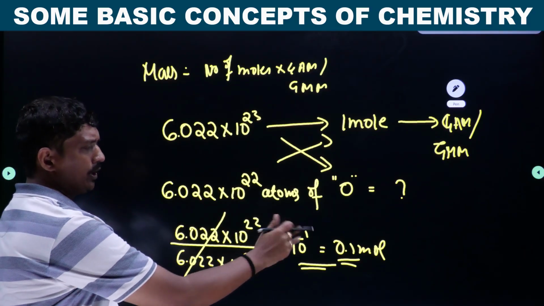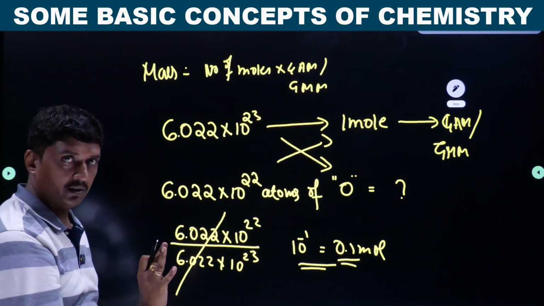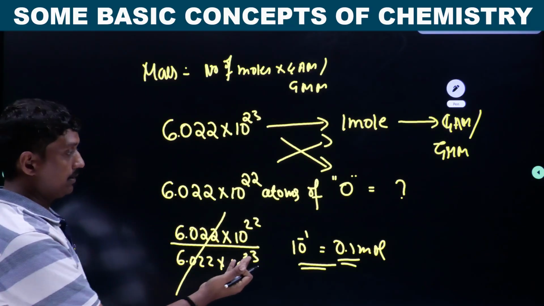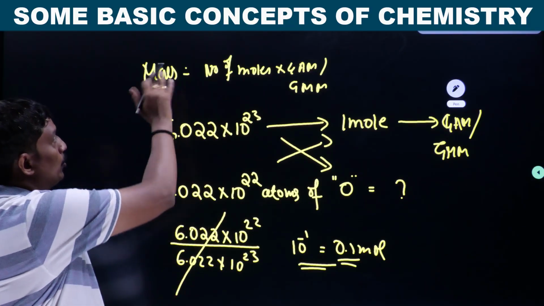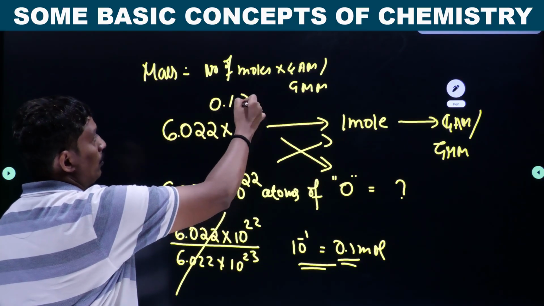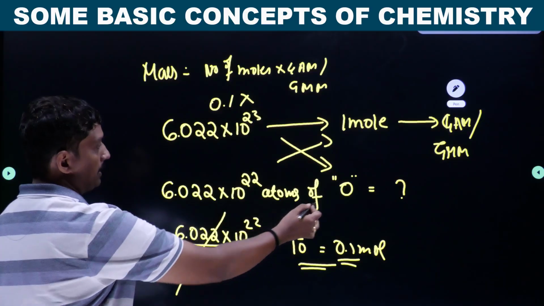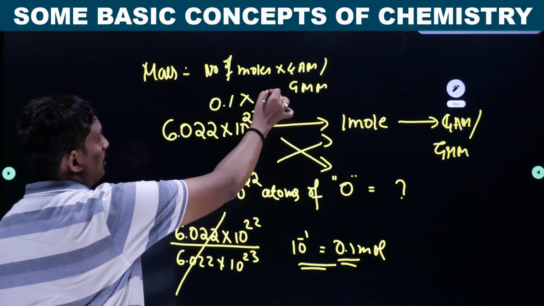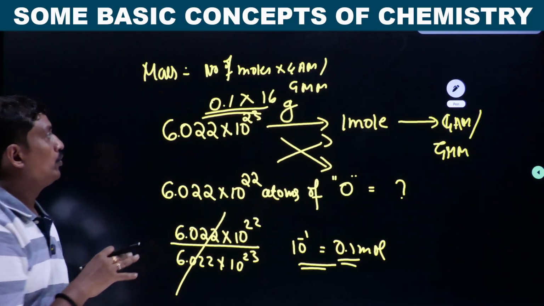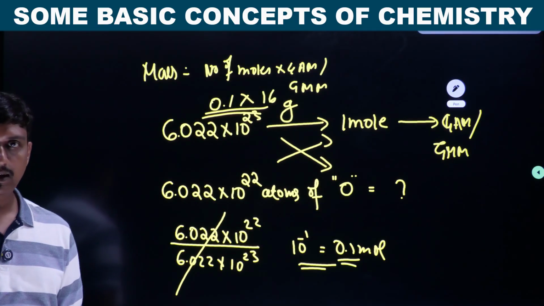If they ask only for the moles, we can stop here. If it is extended further and mass is asked, we can calculate by using this formula. Number of moles 0.1. What is the gram atomic mass? Being an oxygen atom, gram atomic mass is 16. You multiply, you will get the value, 0.1 into 16 grams.